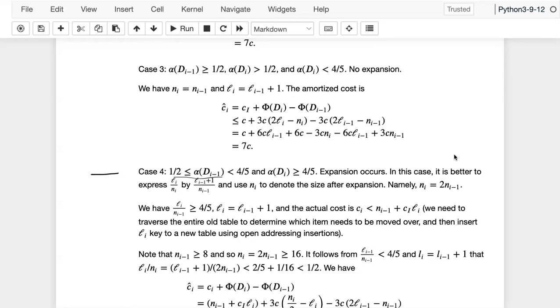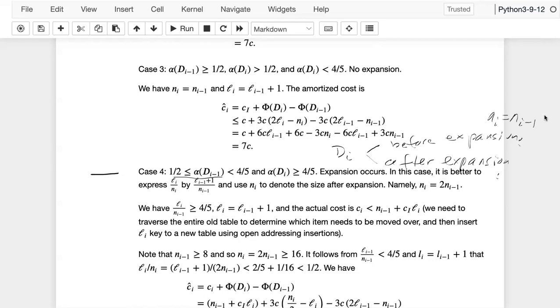Okay, so now in this case, there are some subtle points that I would like to make sure I make clearly. So for this D sub I, we actually have two versions of it. One is before expansion. The other one is after expansion. So before expansion, we know that N sub I is equal to N sub I minus 1.